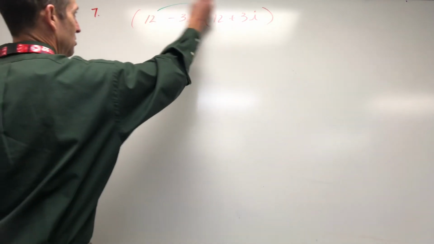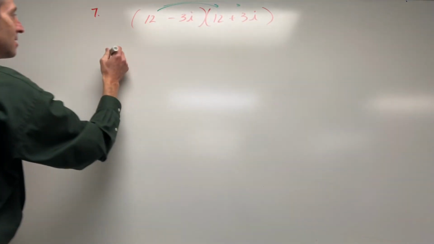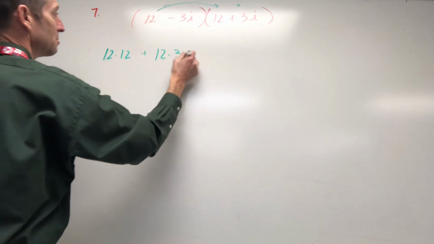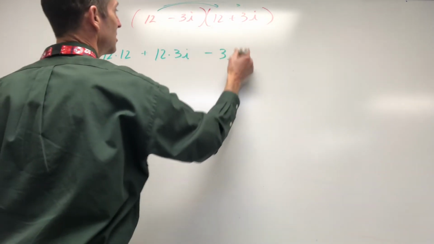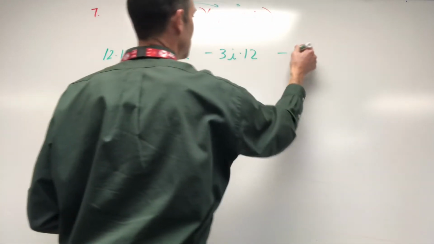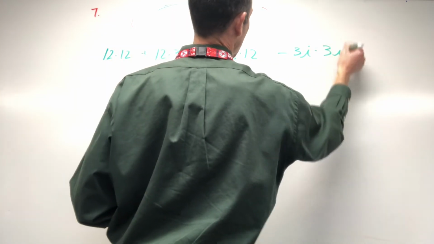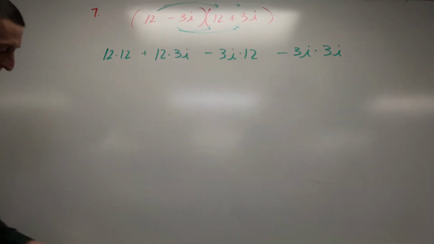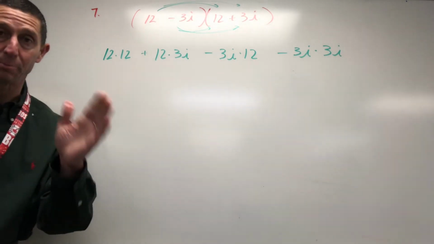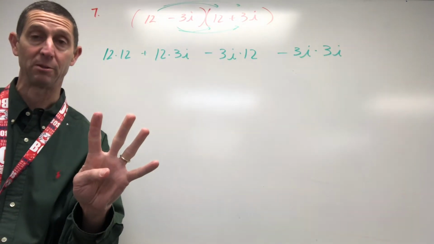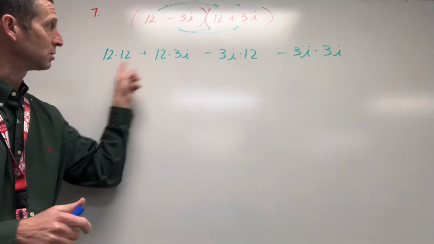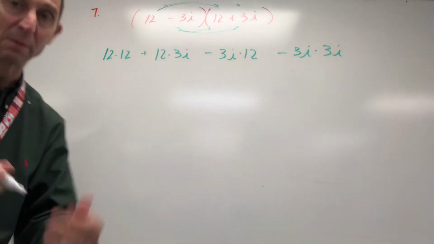Same thing, we're going to distribute this. So you have 12 times 12 plus 12 times 3i. 3i times 12. 3i times 3i. So we've got the same setup that we just did on the previous example. You got your 4 math problems in a row. So we distribute both of those, set it up, 1, 2, 3, 4. Let's clean up the mess.